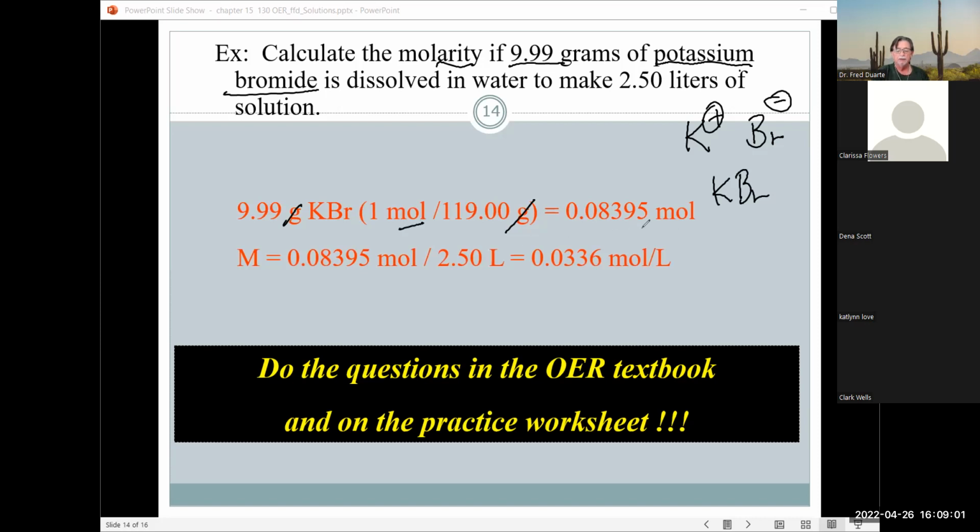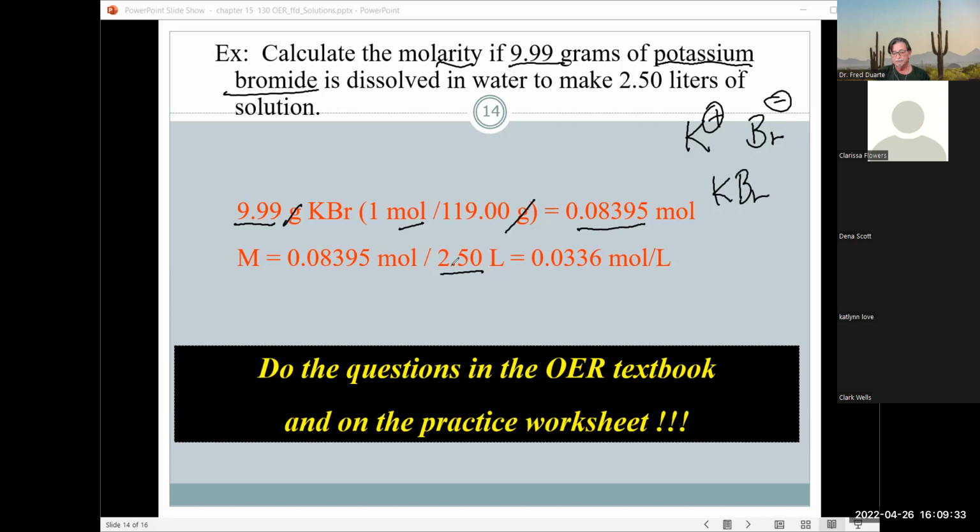All right. Now notice there's a bunch of numbers here. When you do the first part of the math to calculate the moles, you know full well you've got 3 sig figs here, and your volume has 3 sig figs. So the ultimate answer should have 3 sig figs. Okay. However, don't truncate anything until you're done at the end. So carry out the moles as far as you can, way over the 3 sig fig digits. And then divide by the volume.